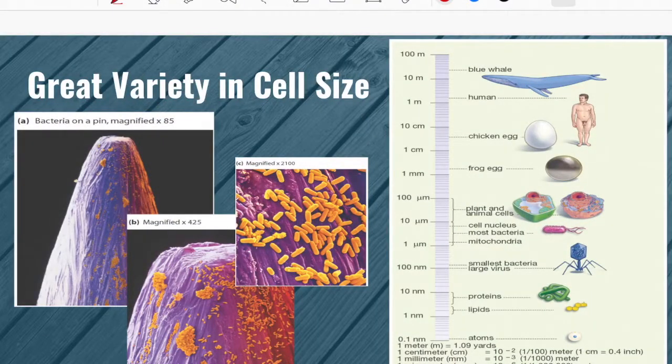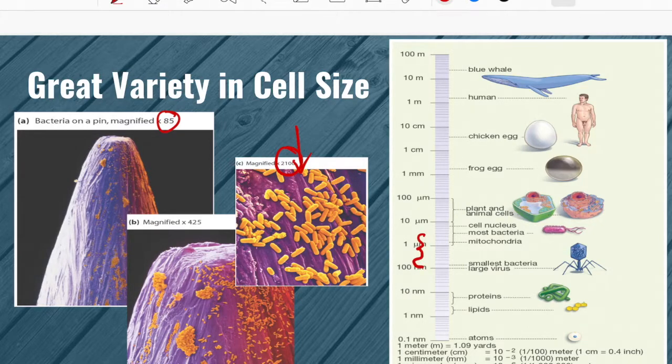There's a huge variety in size. When we're looking at prokaryotes like this bacteria, this is like on the tip of a pin right here. It's the least amount of magnification, and you get to the greatest amount of magnification. You get to start to see those individual organisms. So those are all bacteria. Bacteria are going to range from here to here.